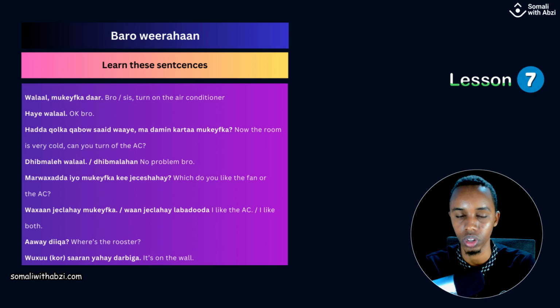So dar is how we say turn on for every kind of electronic device: mobile kadar, computer kadar, laptop kadar, qasalada dar, and also the washing machine. You can just say dar.